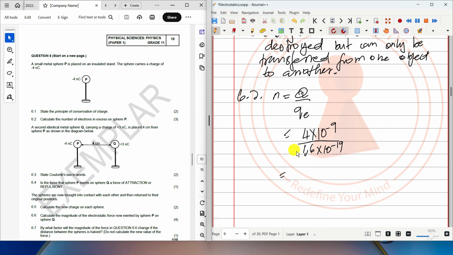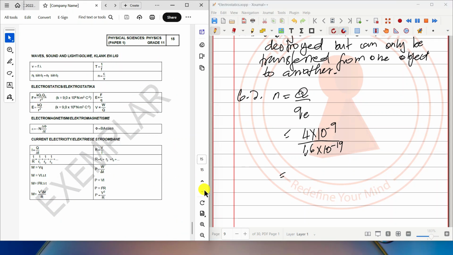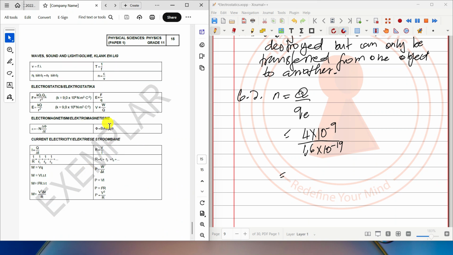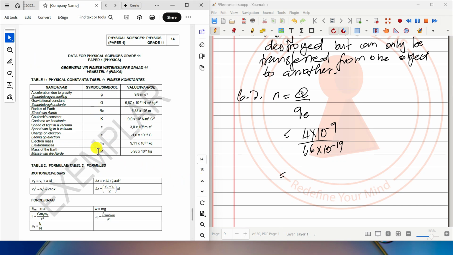This information is given, even the formula is given. Let me quickly show you. In this data sheet, they didn't give you the formula for charge quantization, but this is the formula. But they did give you the charge of an electron, which is a constant, negative 1,6 times 10 to the -19 coulombs.